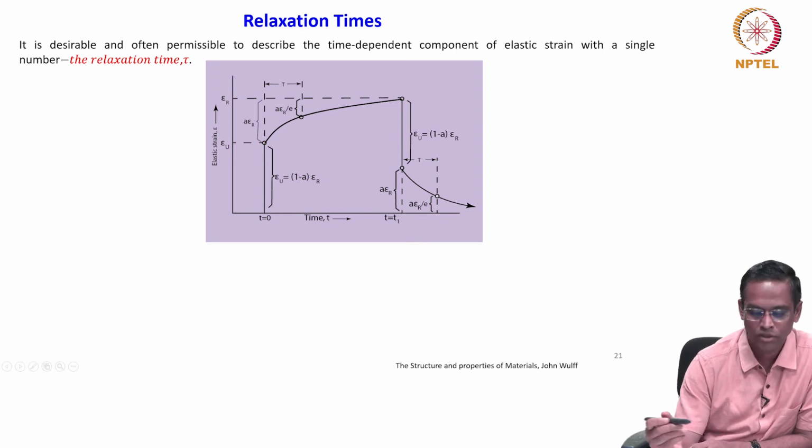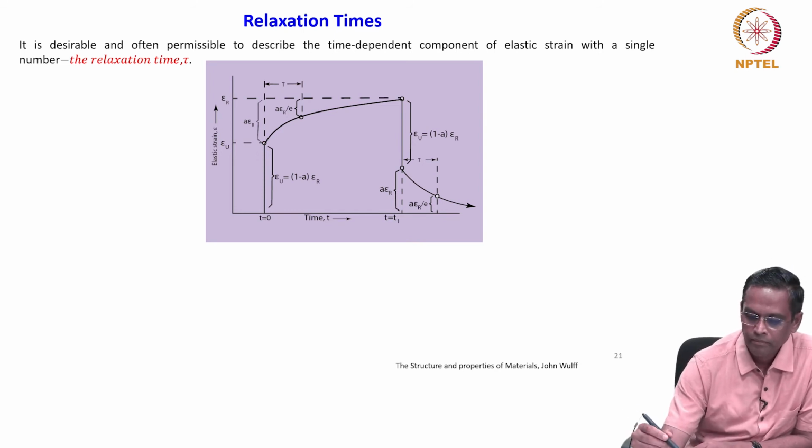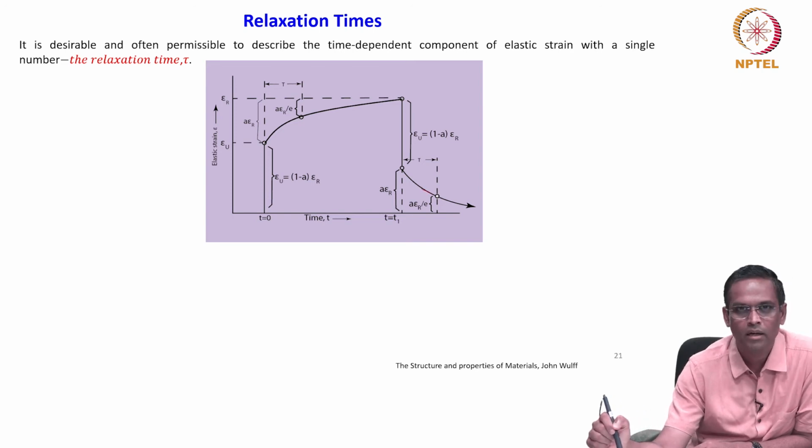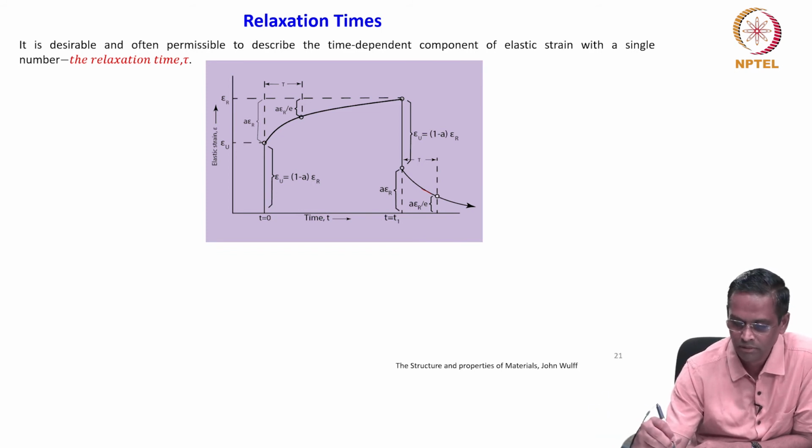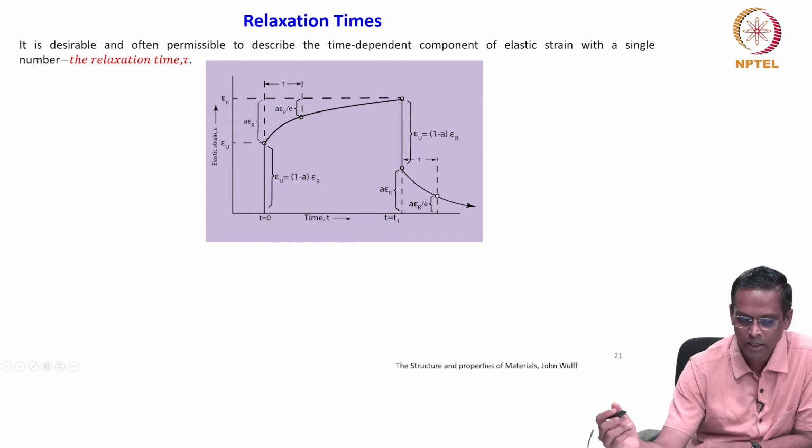ER is the relaxed strain, and then suddenly unloaded, t is equal to t1, and then slowly relaxes, asymptotic. This is asymptotic, right? We just discussed this behavior, asymptotic.